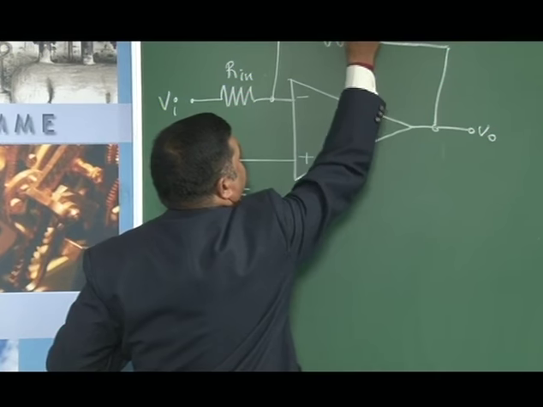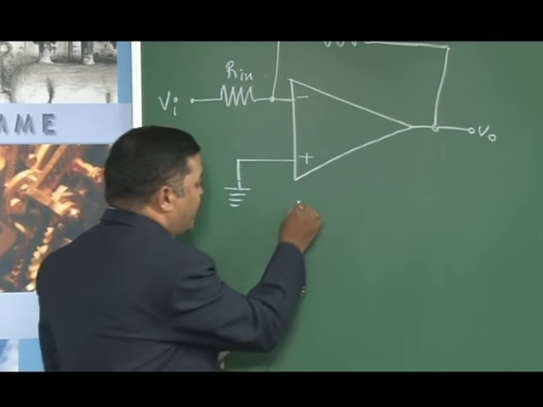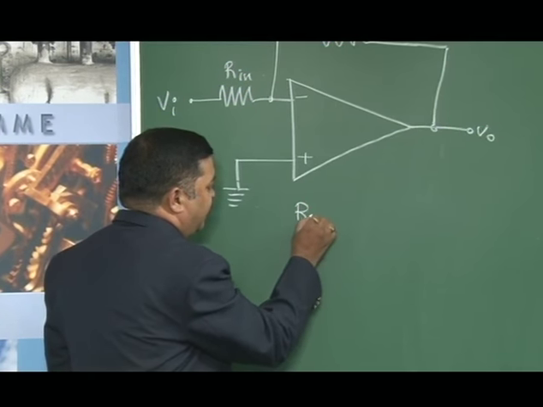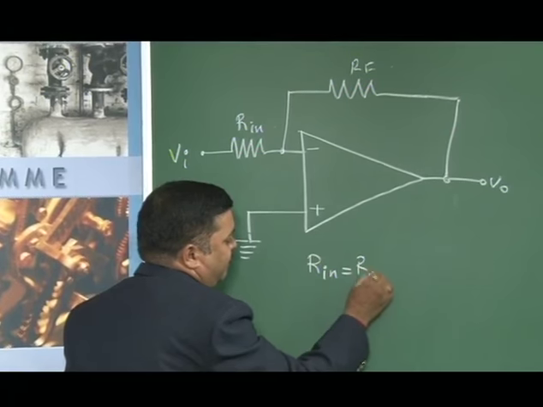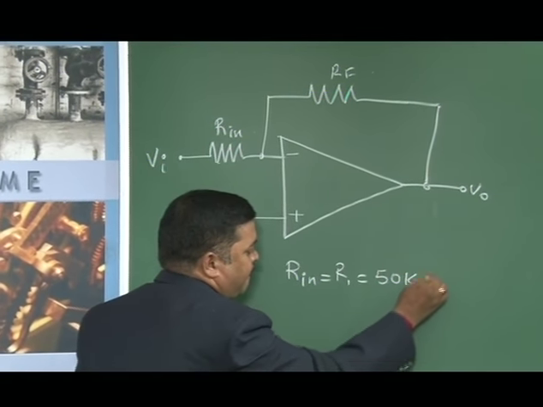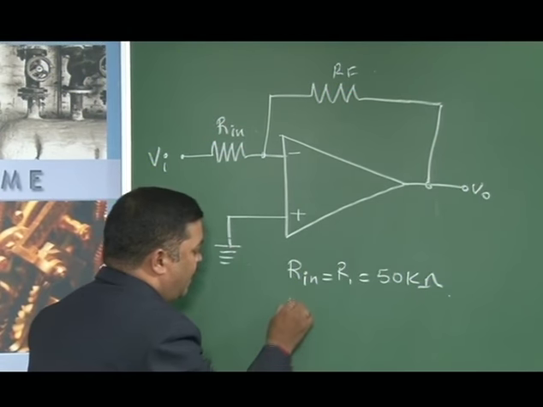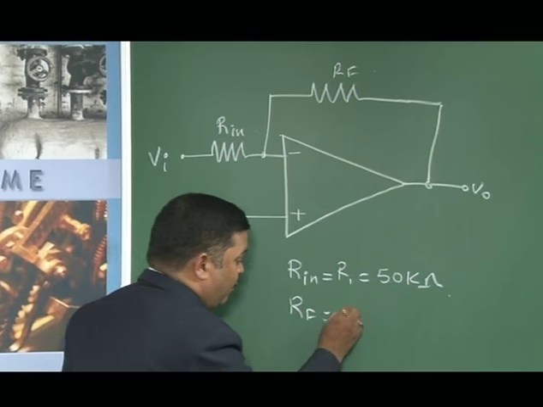This is RF. In the given problem, they have given R1 or Rin, which is R1, equal to 50 kilo ohms, and the feedback resistance RF, which is given to be 20 kilo ohms.